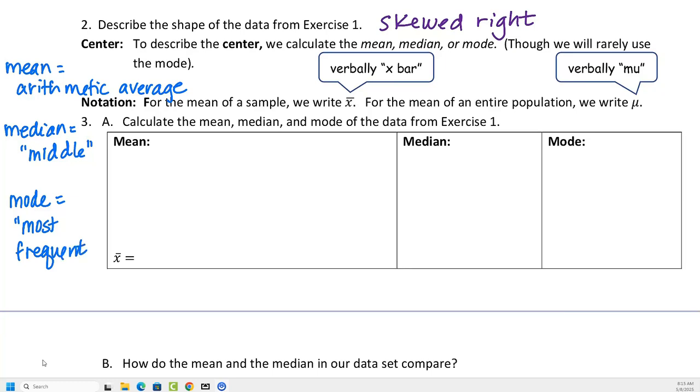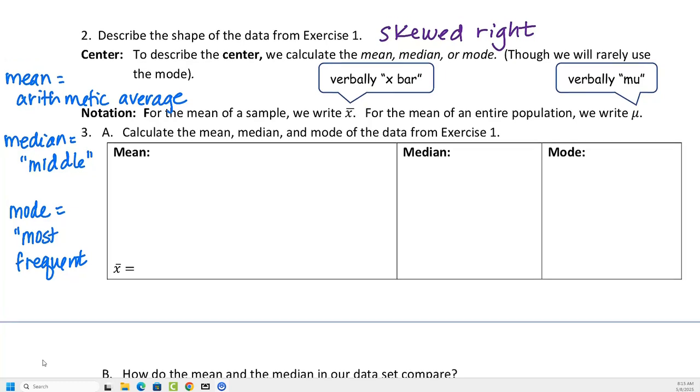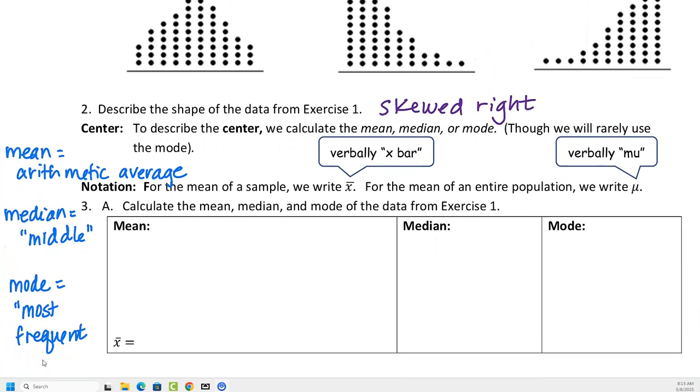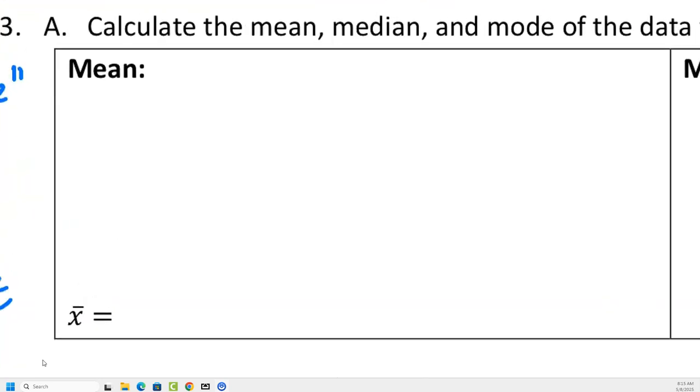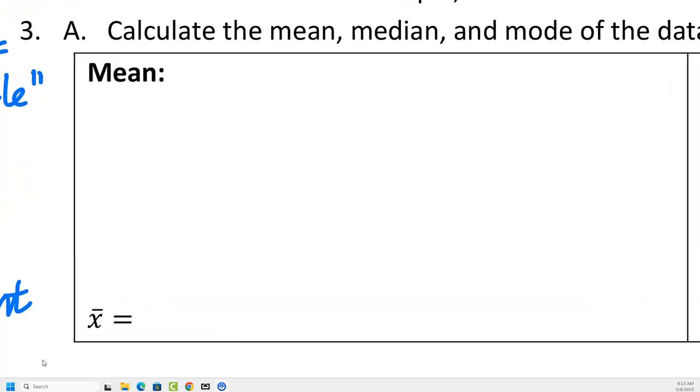So if we're going to calculate the mean, median, and mode for the data that we just had up at the top, okay, for the mean, we're just going to add all those numbers together. So let me just pull up my chart here.